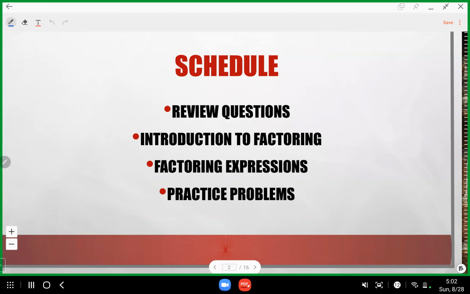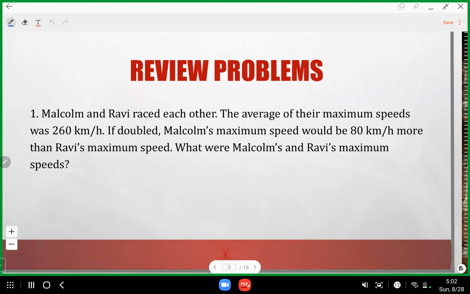I'll be teaching factoring, and then we can finally teach a little bit about polynomials, and then we can start with quadratic equations, which is a little bit more advanced, right? And then lastly, we are going to have some practice problems. But for this lesson, I'm going to do some examples after each topic. All right. So let's first go over this review problem.